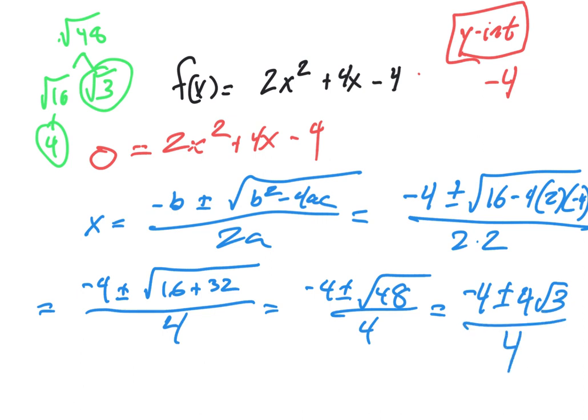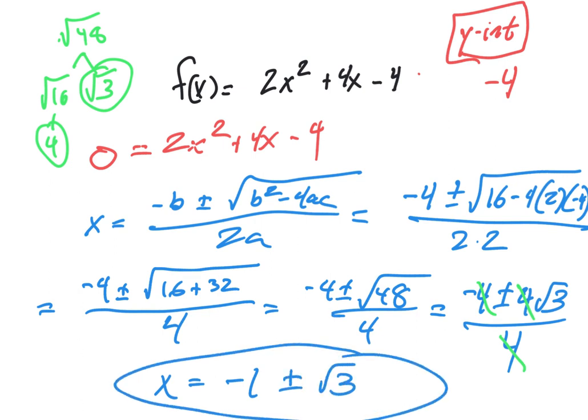I now have a 4 divisible into every single one of my terms. It divides there. I am left with x equals negative 1 plus or minus the square root of 3. Those are the two places on the x-axis where my equation goes through the x-axis. They're my zeros. And then up here is where it intercepts the y-axis.